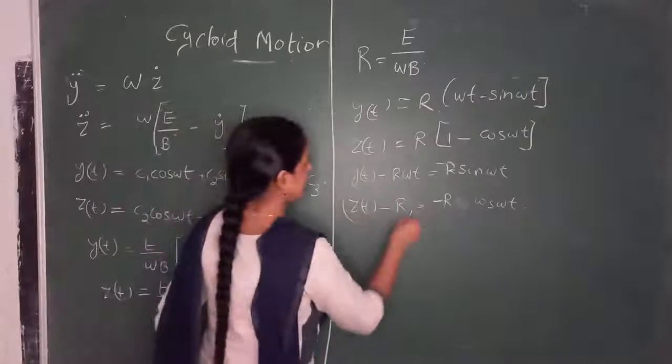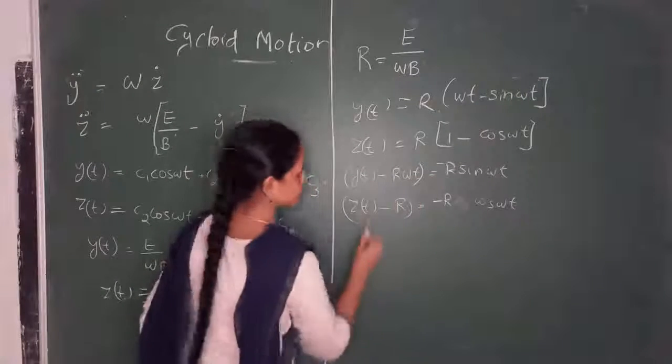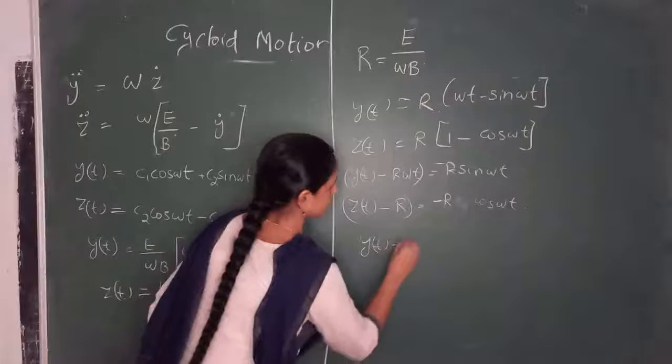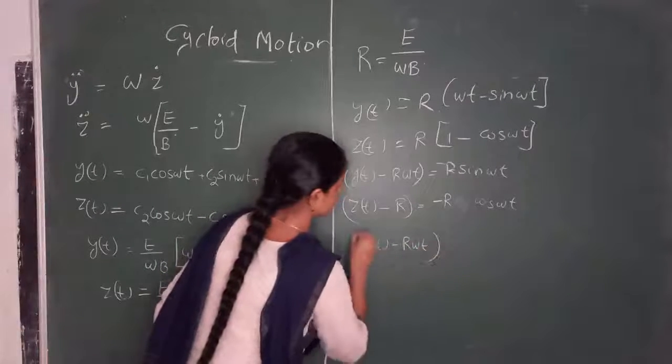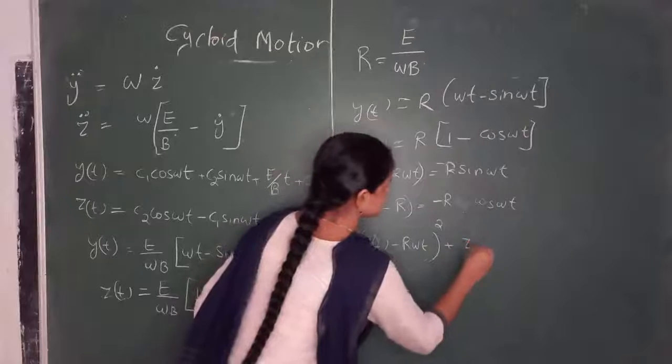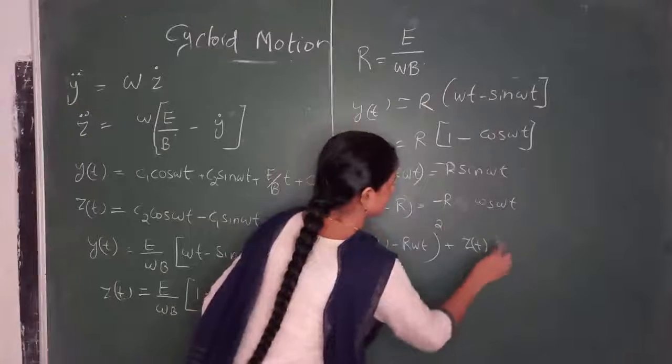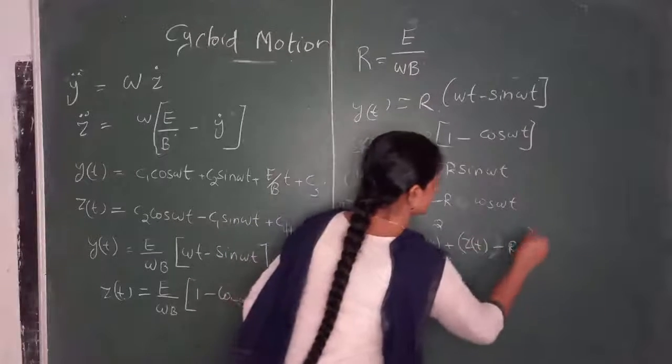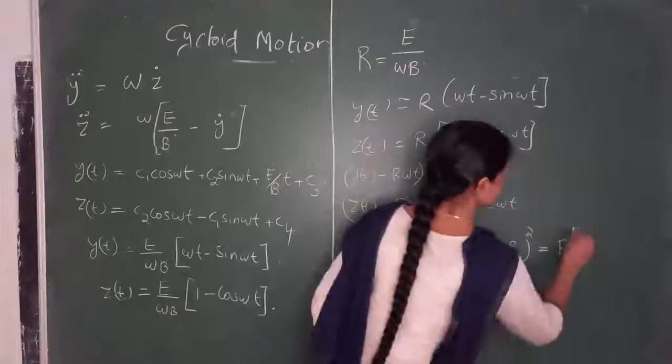So squaring and adding these two equations, what we will get is (y(t) minus r omega t) whole square plus (z(t) minus r) the whole square, which will be equal to r square.